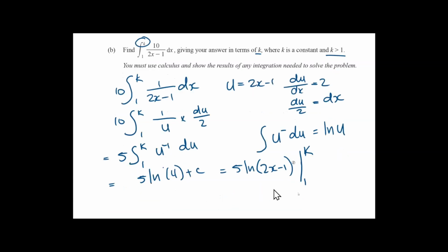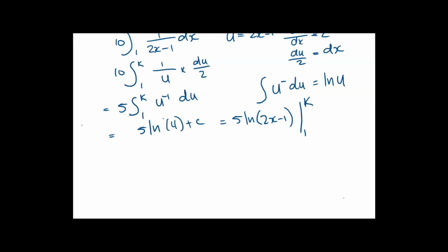So let's put those numbers in. So 5 natural log of 2k minus 1, minus 5 natural log of 2 times 1 minus 1, which is 1.